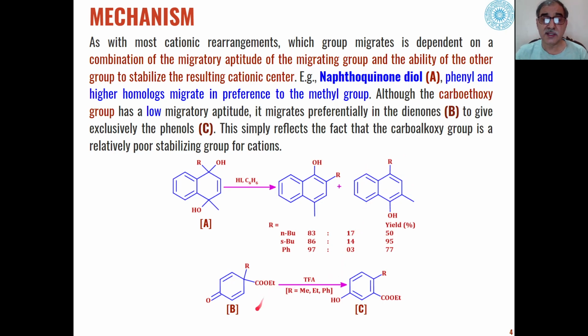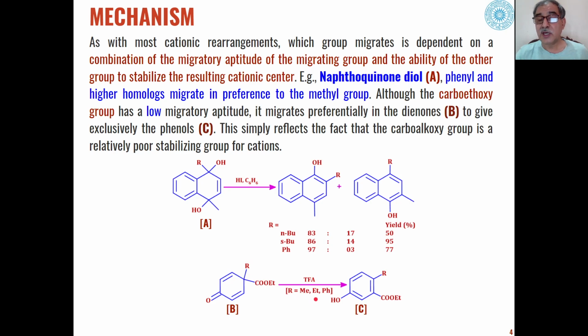Similarly, in the second example, here we are having two groups which can migrate. One is the ester group and the other is either methyl, ethyl or phenyl, so alkyl or phenyl groups. So here, the exclusive formation of the product takes place where the ester group migrates to this position. The reason for that is that when this group migrates to this position, the positive charge will be present on this carbon where R is attached.